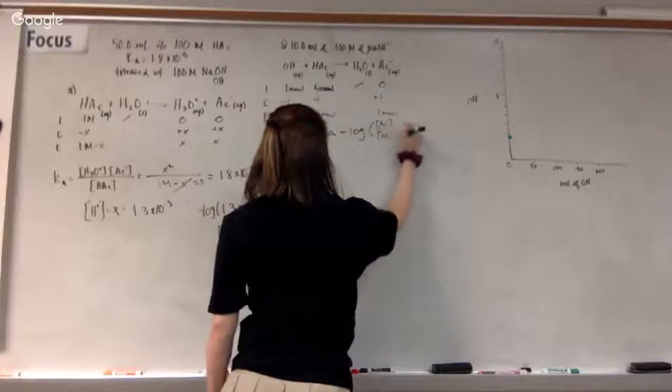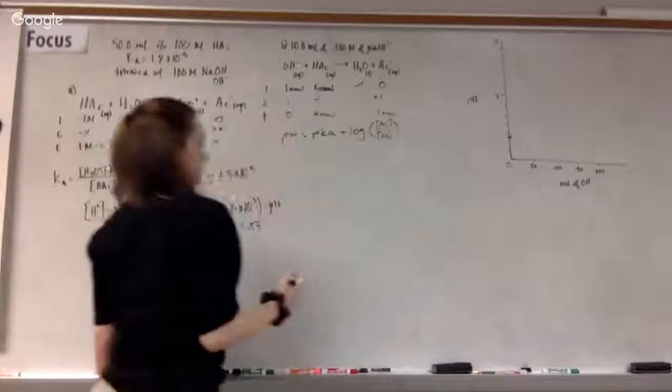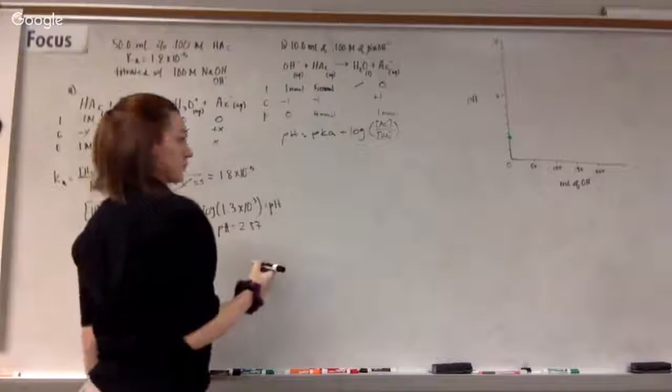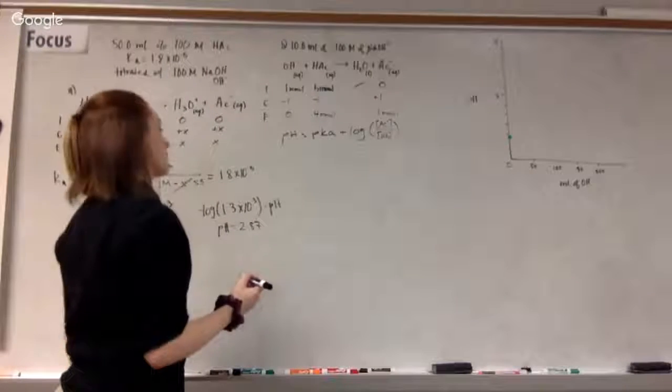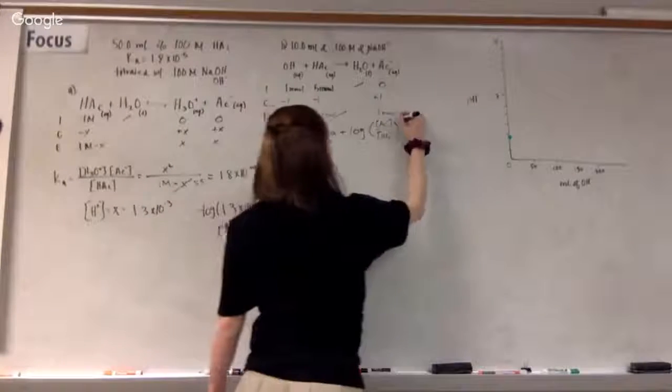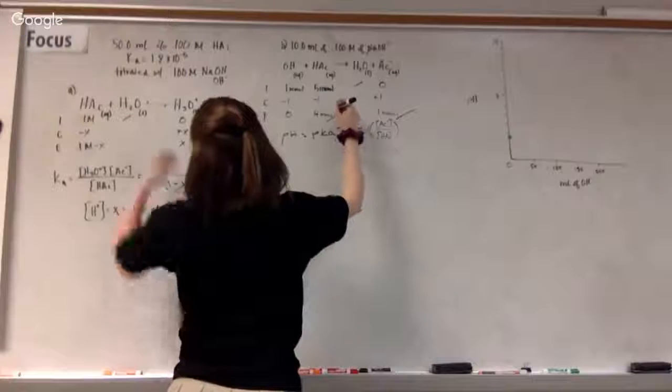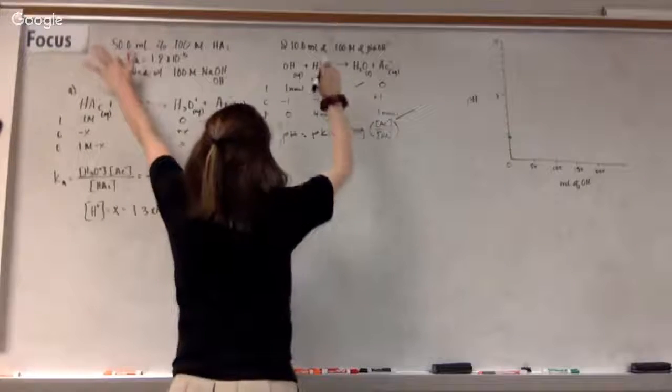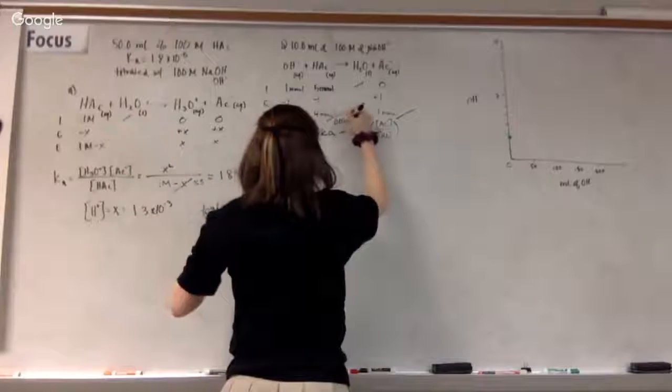Now, before we plug anything in here, do you realize that Ac minus and the HAc, those are concentrations in molarity, right? Yes. So what we need to do is take our 4 millimoles, and now we're going to divide it by the total volume, which was 50 plus 10, so we're going to have 60. Does everyone see that?